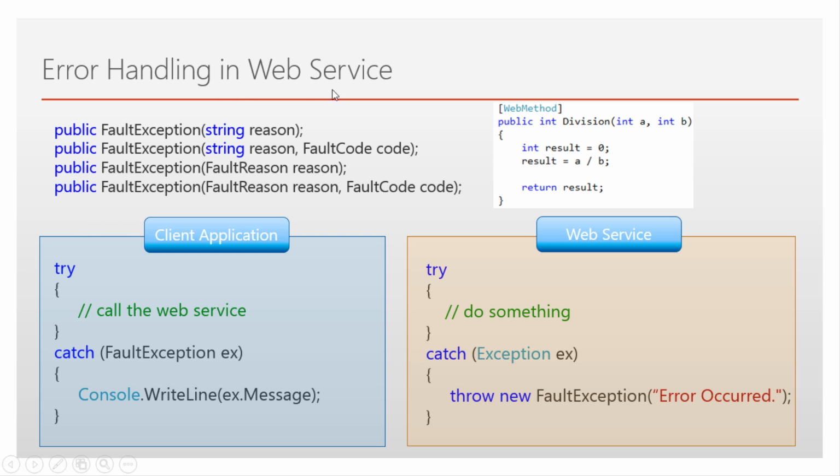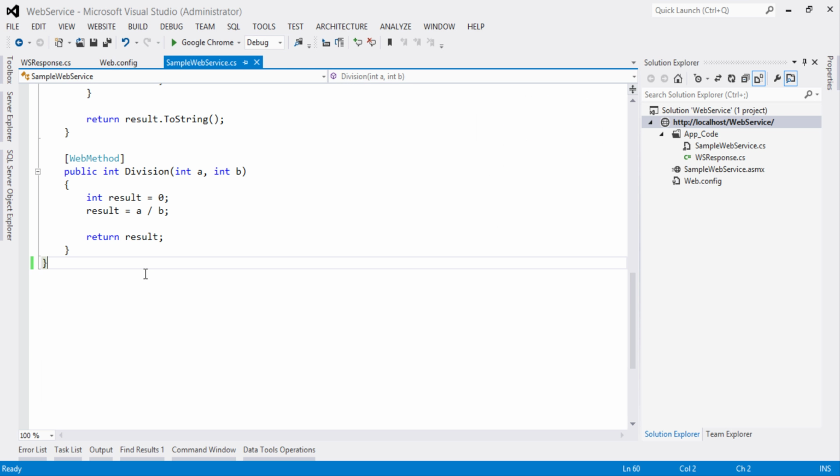Error handling in web service: there are many ways to handle errors in a web service. This is one approach. Another way is returning a string value as a message to the client. Let's look in action how to create error handling in web service. Let's create one class with two properties for the result and the error message.